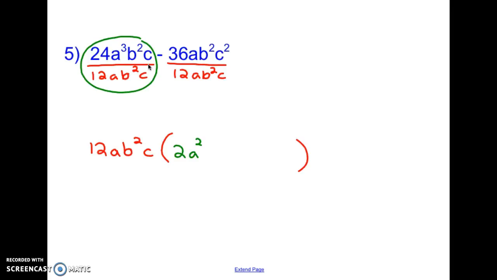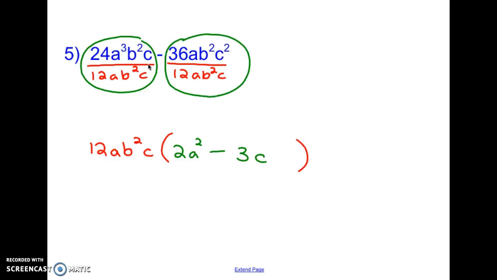All the b's cancel out, and all the c's cancel out. So you're done with that first term. Then you have a minus sign. For my second term, 36 divided by 12 is 3. Your a's cancel out, your b's cancel out, and all of your c's cancel out except for 1. So this would be my answer for that.